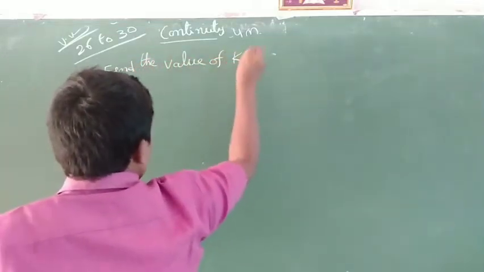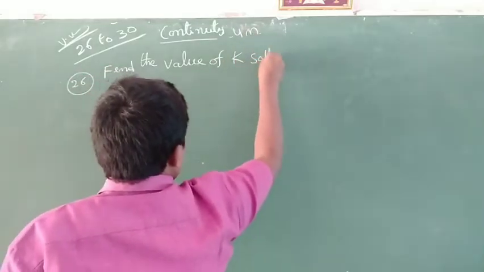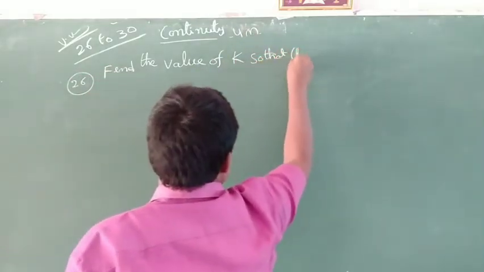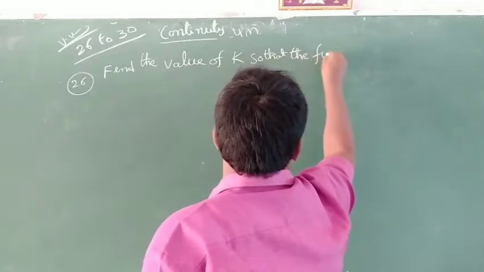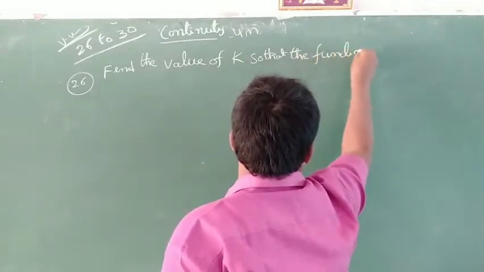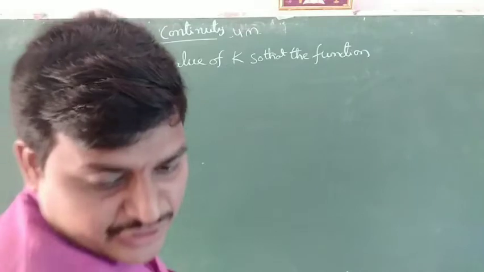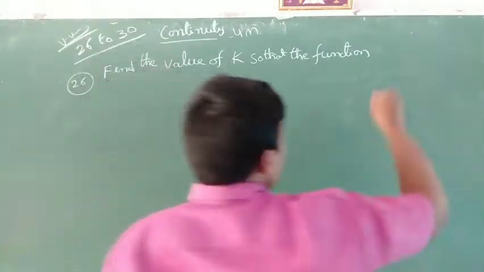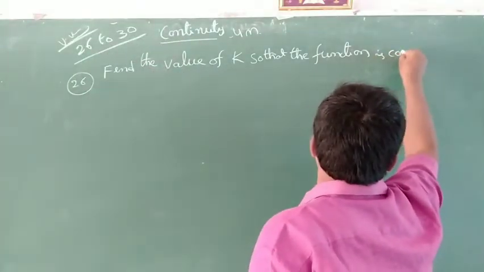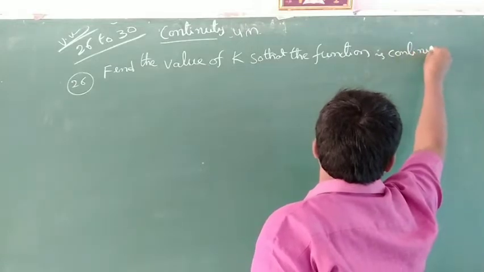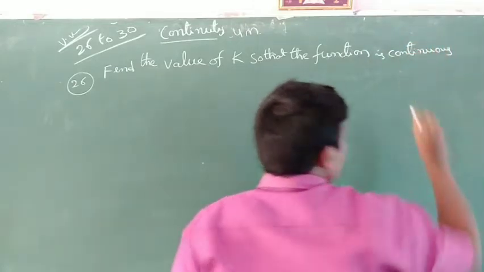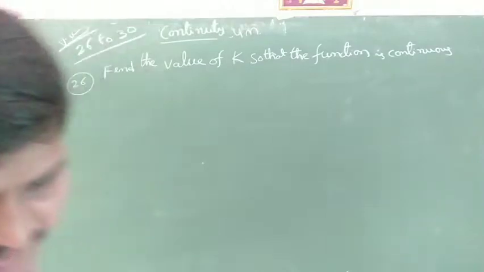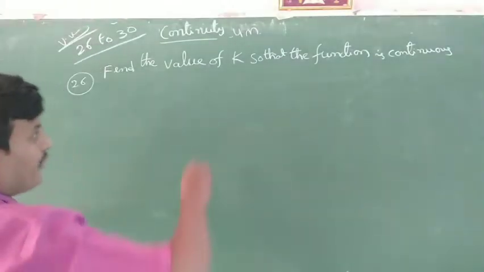Find the value of k so that the function is continuous at the indicated point.